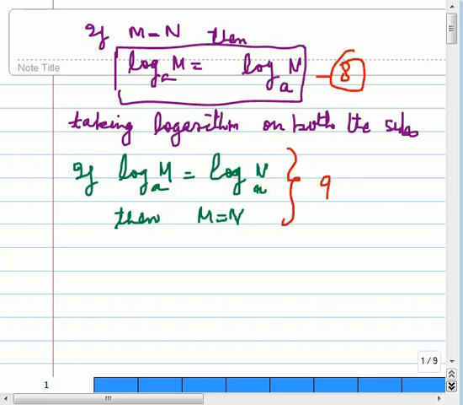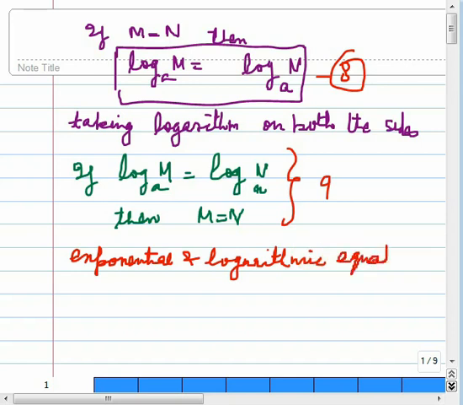These properties will be highly used when we take up the exponential and logarithmic equations.